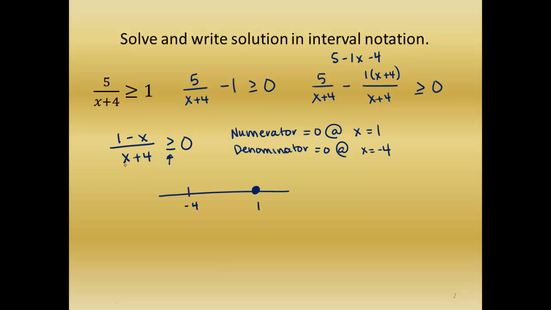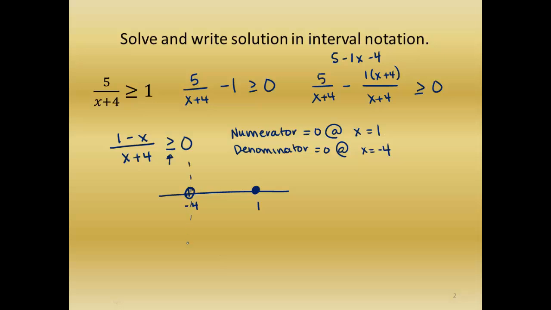However, on negative 4, if we were to substitute in a negative 4, even back in the original problem, we would have an undefined situation. So I'm going to put an open circle. So to determine whether you're using an open circle or a closed circle, substitute this value back in and see if we're going to get a true statement or something that's undefined, not allowed. So substitute these values back in to determine the open and closed.